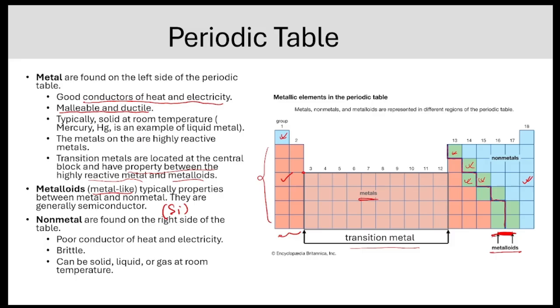And then we have non-metals, the blue area in the table, and these non-metals have properties that are opposite to metals, meaning they are very poor conductors of both heat and electricity, and they can exist in liquid, solid or gaseous phase, even at room temperature.